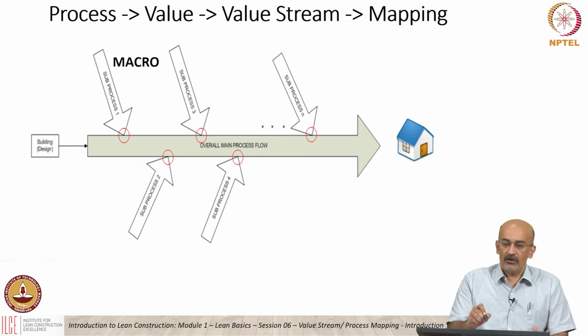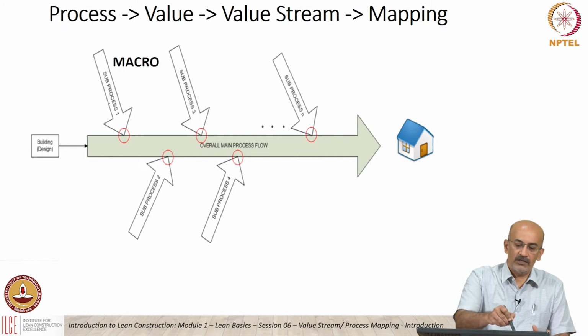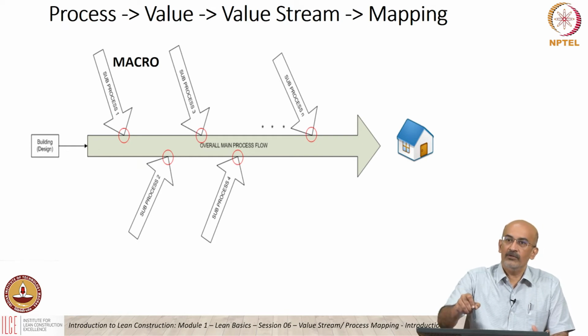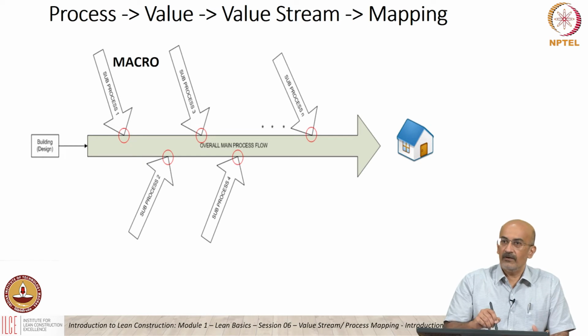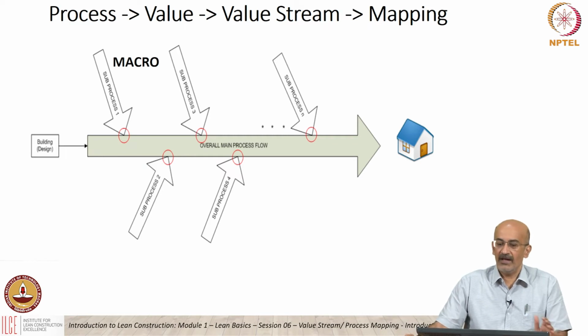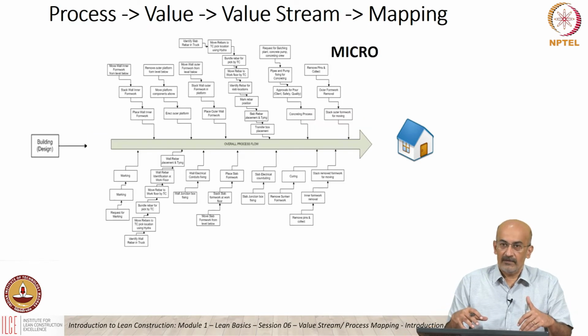We can look at the macro view of the process. For example, what could some of these arrows indicate? What do you think? The activities of the WBS, like all the things. Yeah, it could be foundation, structure, finishes. These are the larger processes, the big arrows. I could go into the micro level.